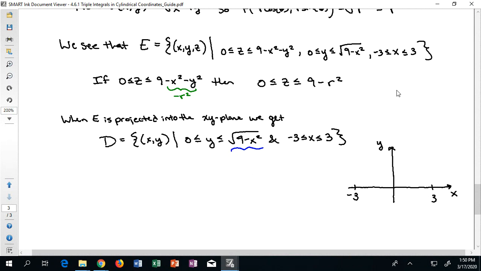So what I really have here is only the top portion of a circle. This here is my region D. So this makes it very interesting to see how I can re-express D.